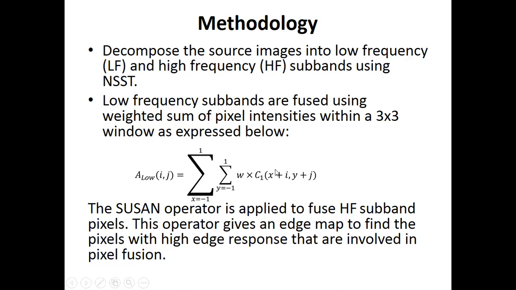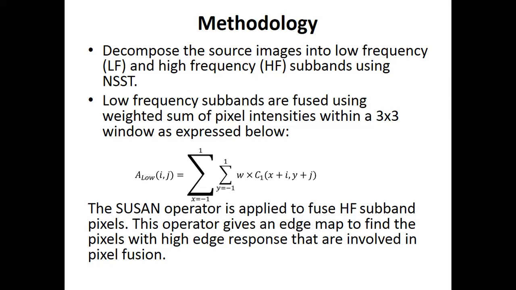The high frequency subbands are fused using the Susan based operator. This Susan based operator is used for edge extraction because the high frequency subbands carry the edge information. So this Susan operator is used to extract the high frequency information of the source images, so that the image which has better edges will result in the fused image.